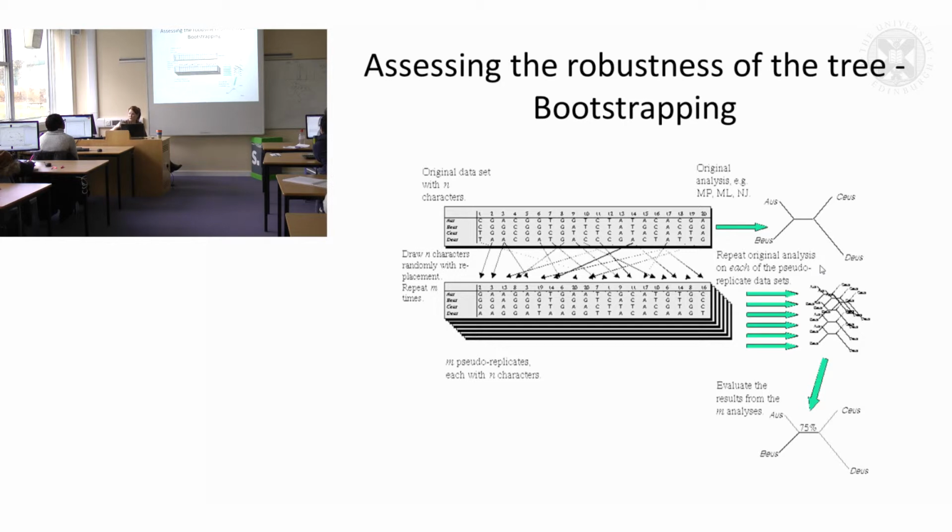So what you do is you repeat the tree. You keep making a version of the tree. If this is your original sequence, so you've got 20 bases here for this original sequence, because this is an example, and these are your different organisms, and this is the original tree that you made.